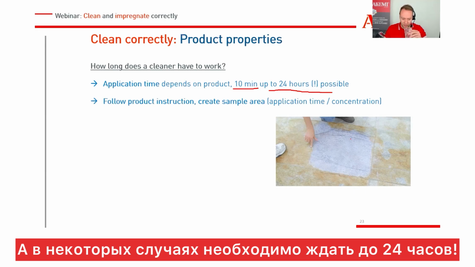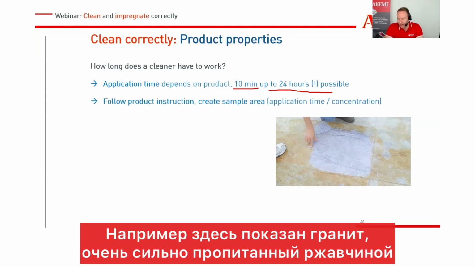For example, you see it down there. This is a heavy rust-stained granite. And on rust staining, sometimes the application time needs to be like 1 hour, 2 hours, depending how deep the rust is inside the stone.